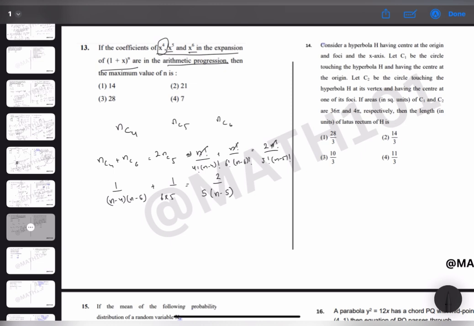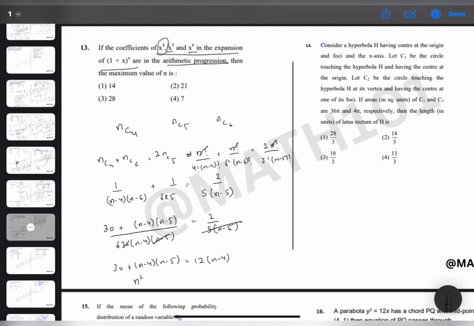So we get 30 plus (n minus 4)(n minus 5) upon 30. 30 plus (n minus 4)(n minus 5) equals 12(n minus 4).